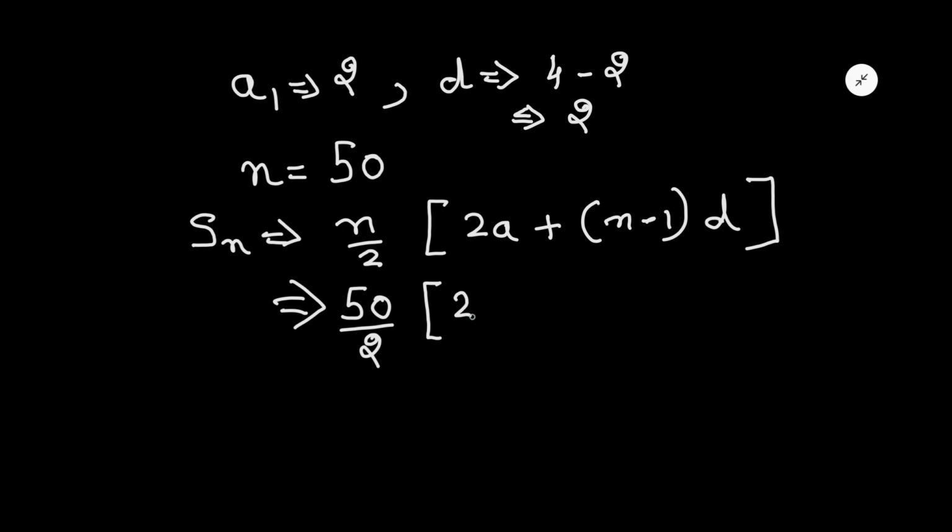The value of the first term is equal to 2. 50 minus 1. The common difference is also equal to 2.